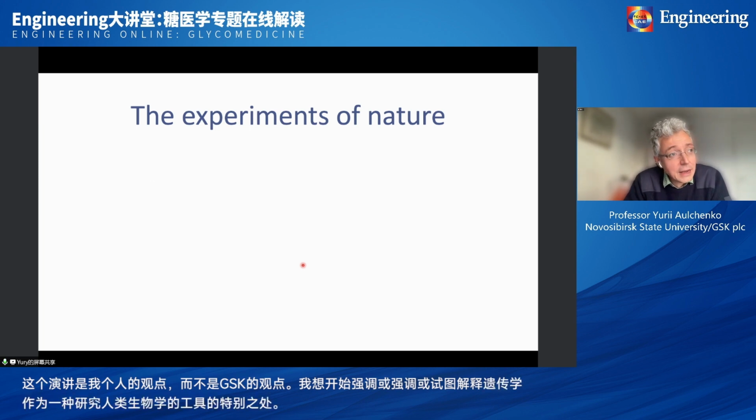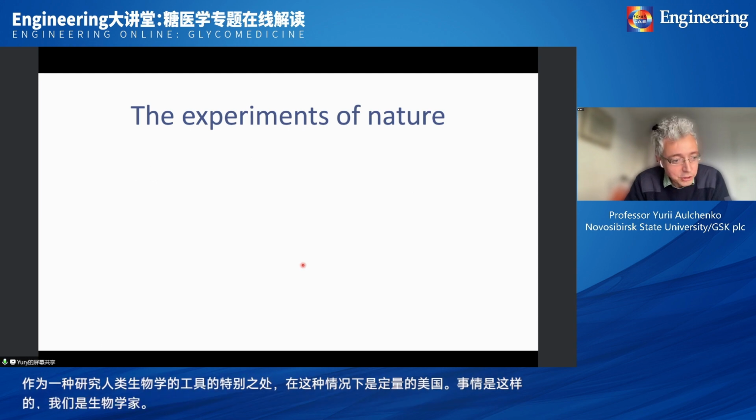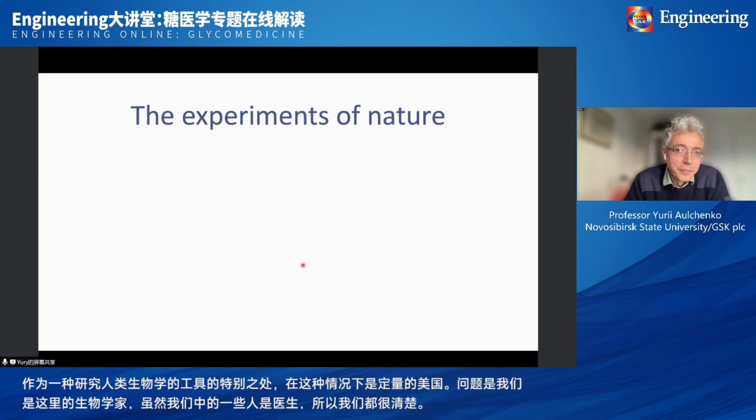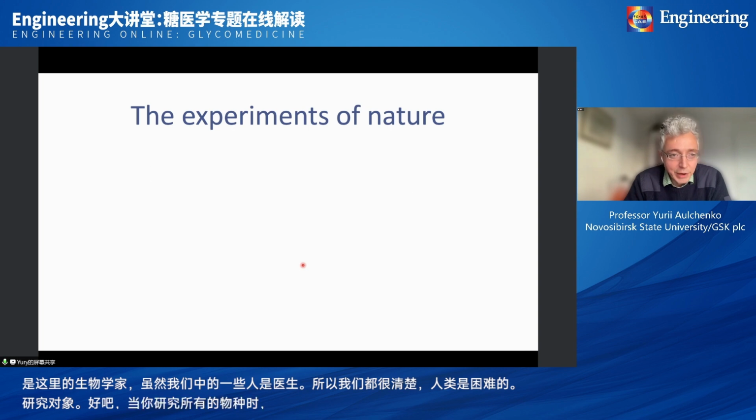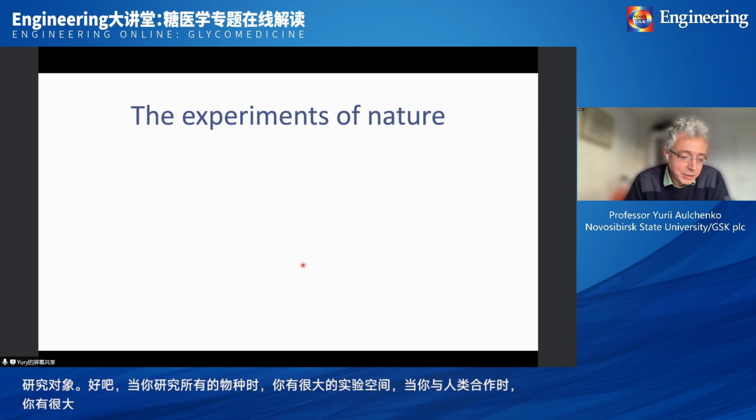And the thing is that, well, we are biologists here, and some of us are medical doctors, so we all know very well that humans are a very difficult object to study, right? While when you study other species, you have a lot of space for experiment and to establish causality in biology. When you work with humans, you are very limited in your experimentation.